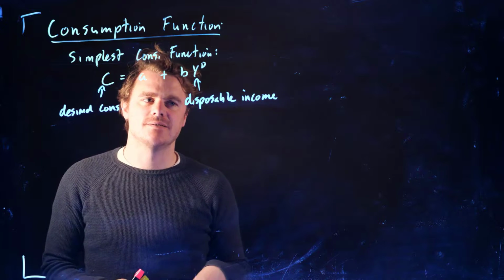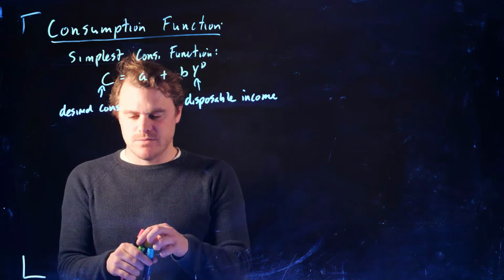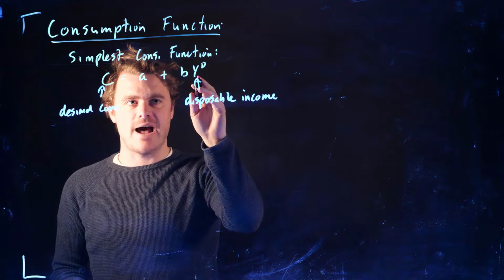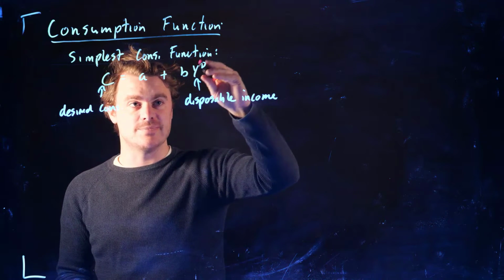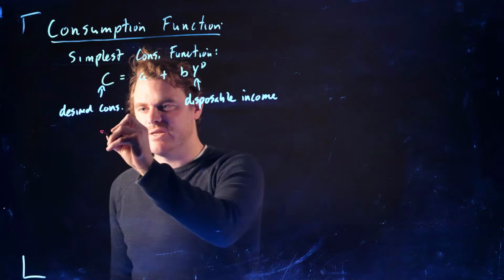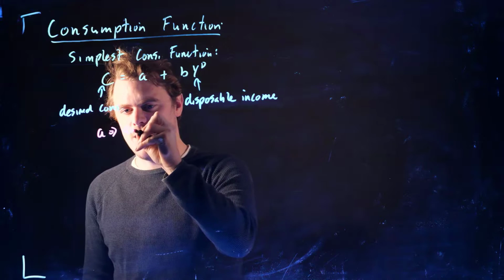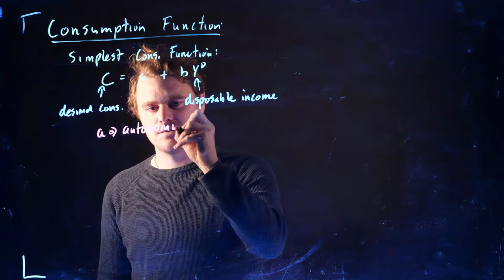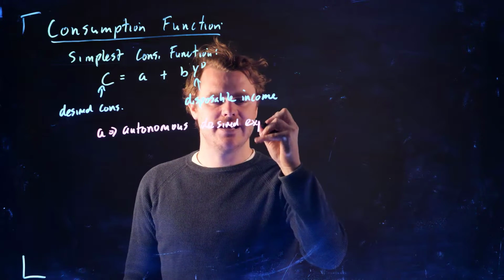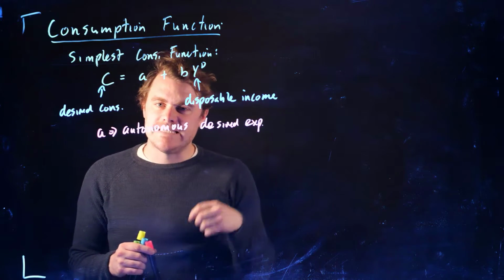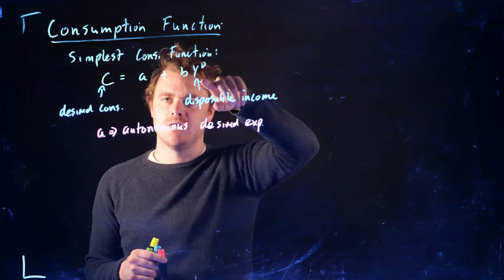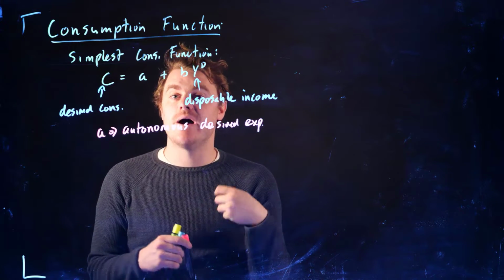Because there's no taxes. Okay, so this consumption function relates different factors. In this case, we're concentrating on disposable income and how it affects C. And A is autonomous desired expenditure. So it doesn't depend on Y, right? It's consumption that we do no matter what.